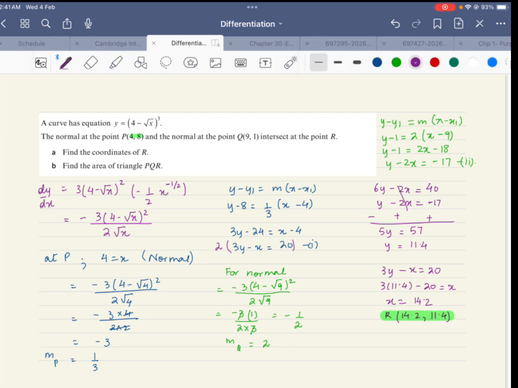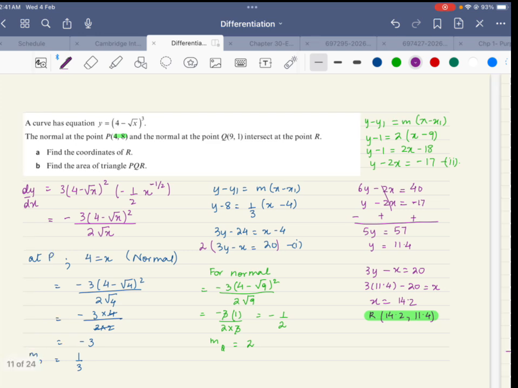Now let's have a look at what part B is saying. Find the area of triangle PQR. So first we have to draw this triangle, and I'm going to draw this on a grid. I've already drawn this for you.